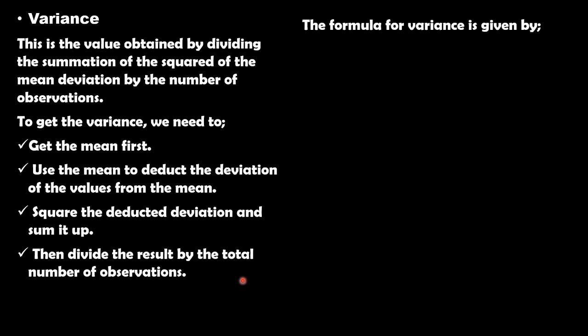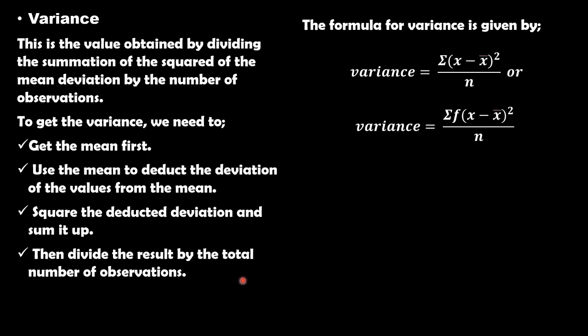The formula for variance is given by variance equals summation of (x minus x bar) squared divided by n, when we have data that is not given in a frequency table.